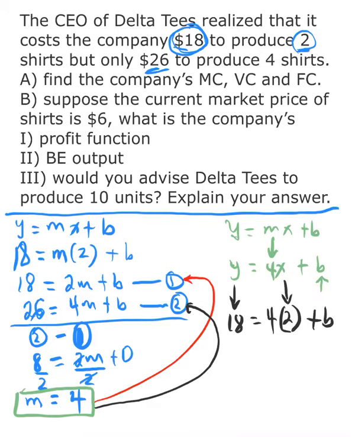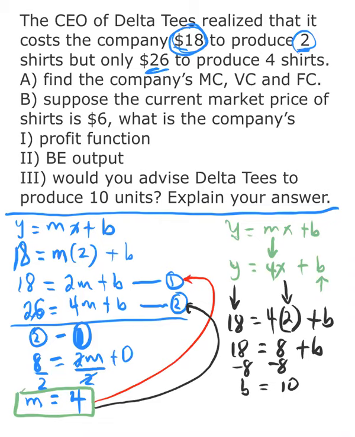From equation 1, the number of units produced is 2. So we are going to end up with 18 equals 8 plus b. Subtract 8 from both sides, and you end up with b equals 10. Therefore, our y-intercept, which also happens to be the fixed cost, is equal to 10.